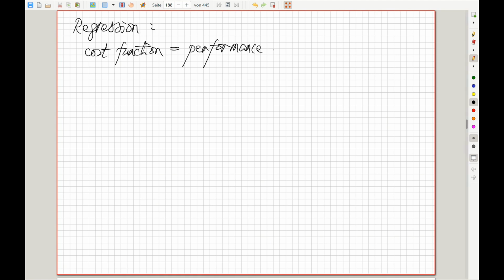One final comment for the regression problem. The cost function we use is exactly equal to the performance matrix during performance monitoring.